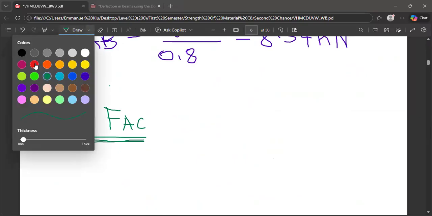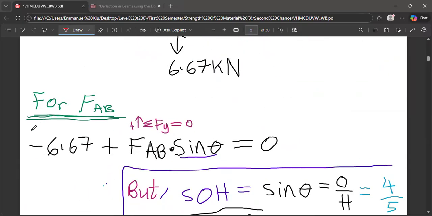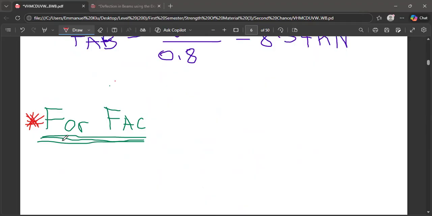Better still, I can put some asterisks to denote it well to avoid people from getting confused. These are the ones we are going to be using. So I'm going to also put an asterisk over here so that understanding can be more alright. So let's proceed.